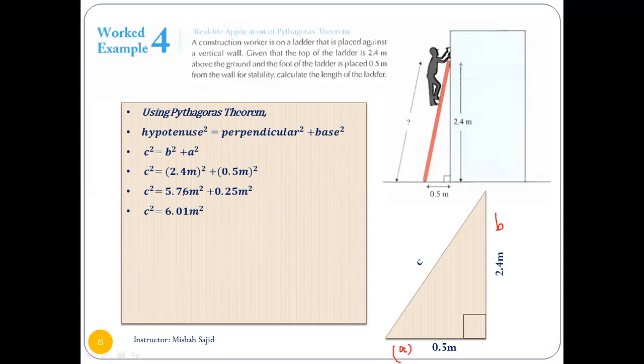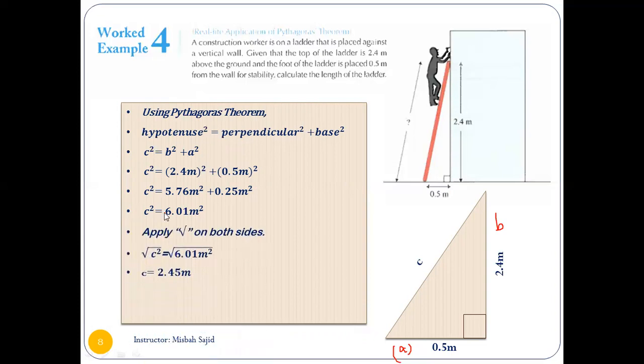So b square means 2.4 meter whole square, a square means 0.5 meter whole square. 2.4 meter whole square is 5.76 meter square. 0.5 meter whole square means 0.25 meter square. Now add these two values, so you will get 6.01 meter square. So c square is equal to 6.01 meter square.